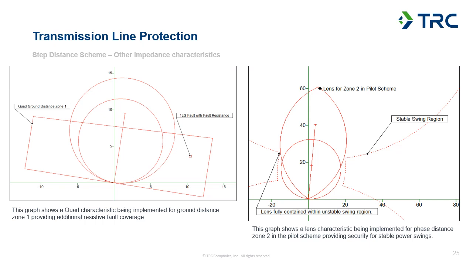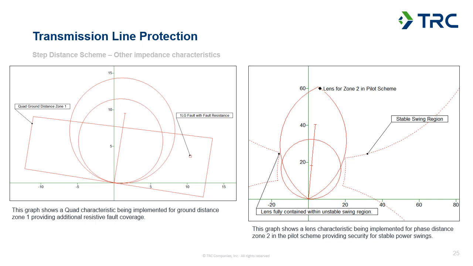You're able to set this element with the same desired reach compared to the line impedance, but it basically allows you to squish that circular characteristic into this lens or football shape, so that you can choose how far into that resistive axis you go.